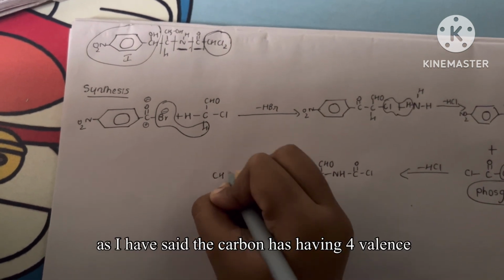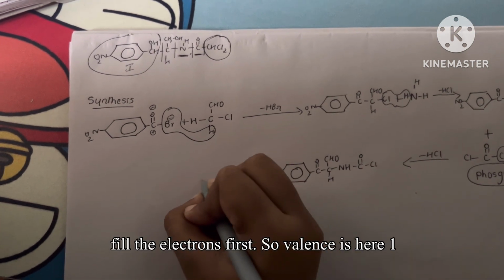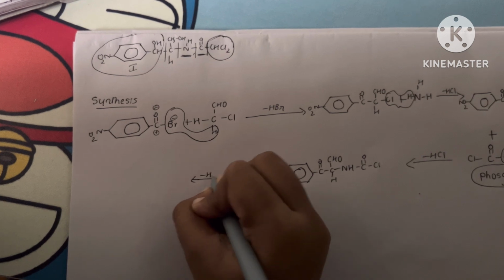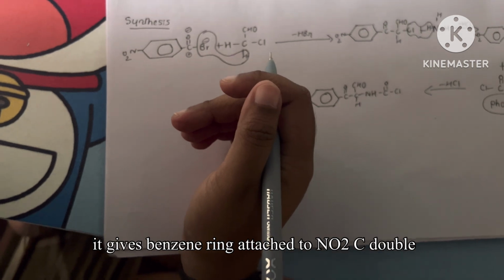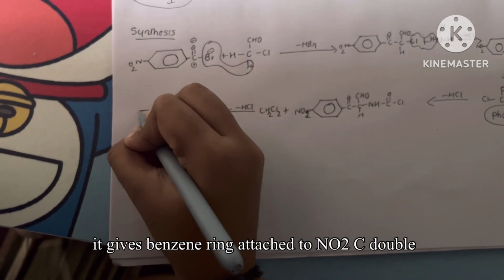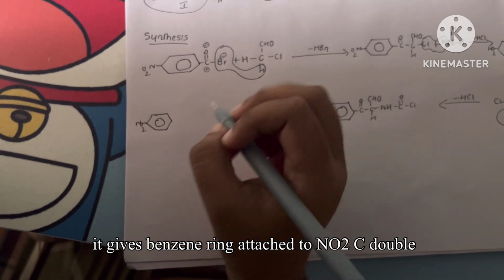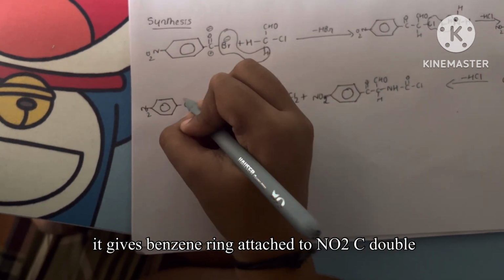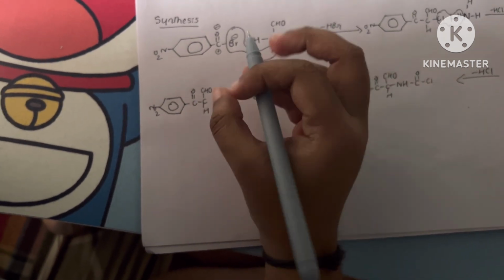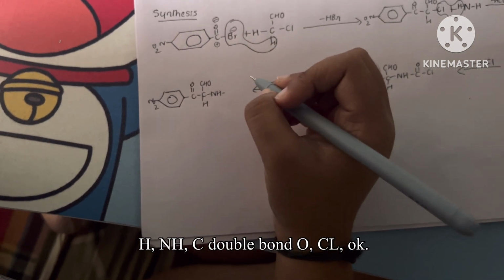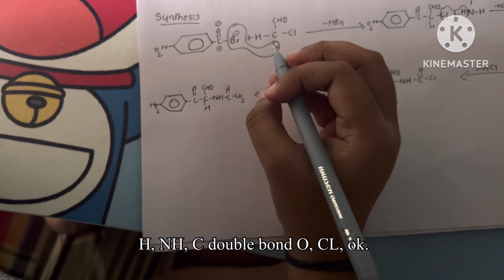So the next step is we are adding CHCl2. As I have said, the carbon has 4 valence electrons, so we should fill the electrons first. So the valency here is 1. On the liberation of hydrogen chloride, it gives a benzene ring attached to NO2, C double bond O, CCHO, H, NH, C double bond O, Cl.